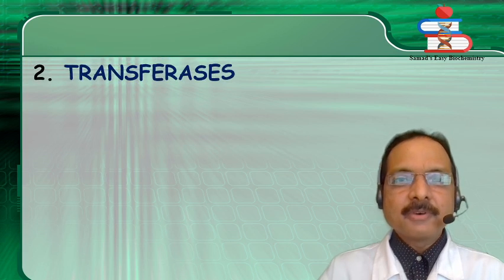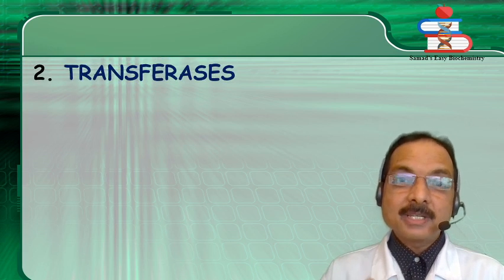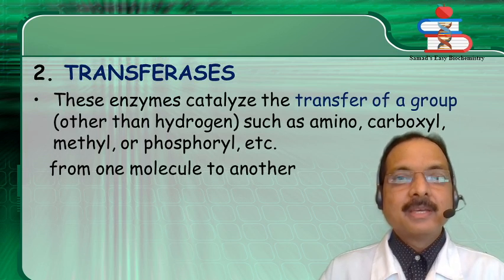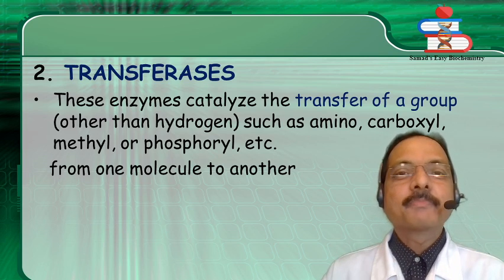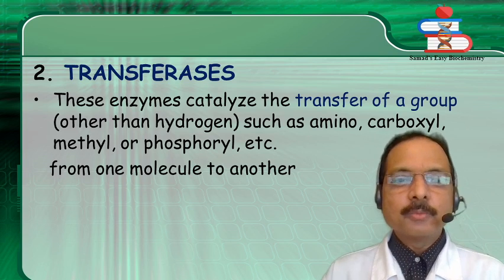Second, transferases. As the name suggests, these enzymes catalyze the transfer of a group other than hydrogen, such as amino group, carboxyl group, methyl group, phosphoryl group, etc., from one molecule to another.